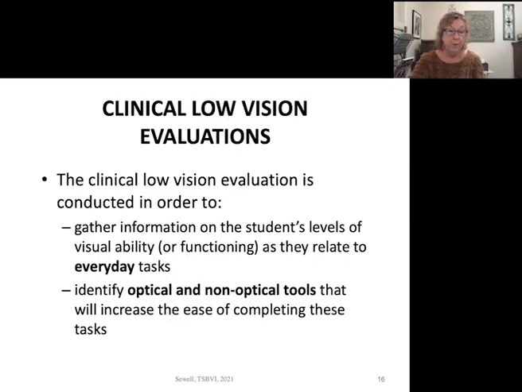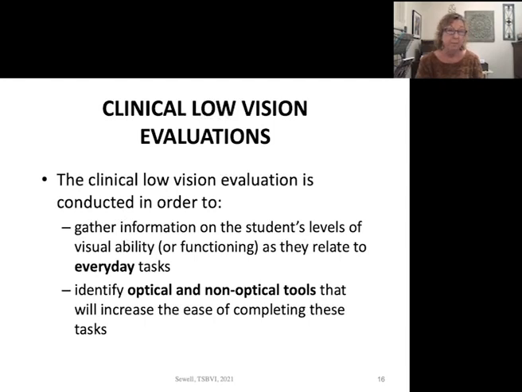One of the other evaluations that you're going to be involved with is the clinical low vision evaluation. Oftentimes school districts have a referral form for a clinical low vision evaluation for a student. And the clinical low vision evaluation is conducted in order to gain information about the student's visual abilities or functioning as they relate to everyday tasks.